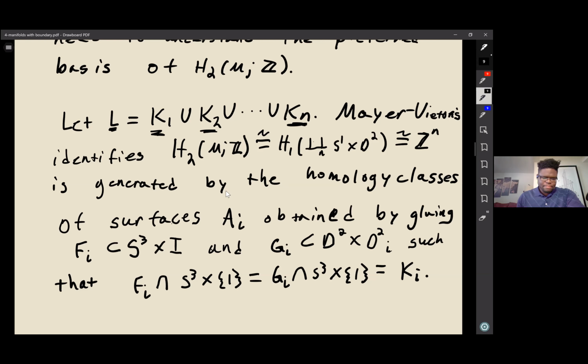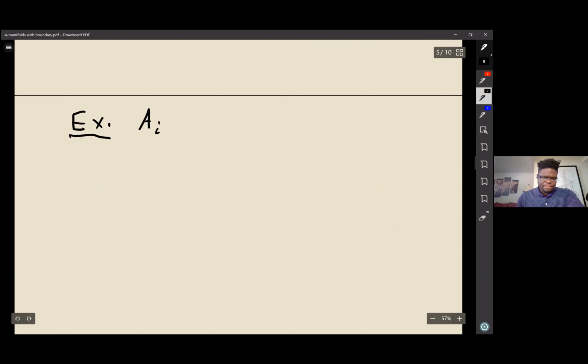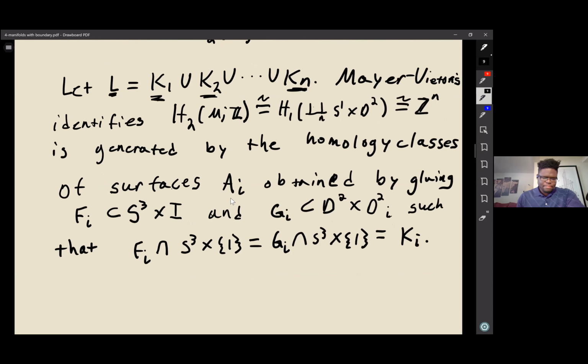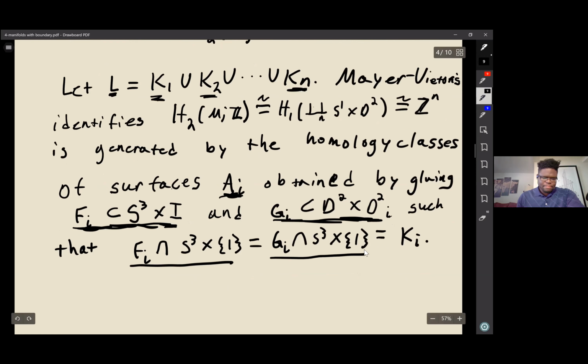And we see that it's generated by the homology classes of surfaces A_i, obtained by gluing surfaces inside of S3 times I to surfaces inside of the corresponding 2-handle, so that both of these surfaces intersect S3 times 1 in our desired component K_i.